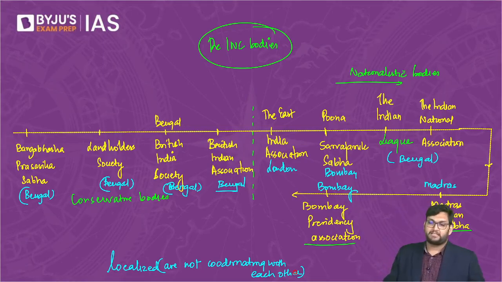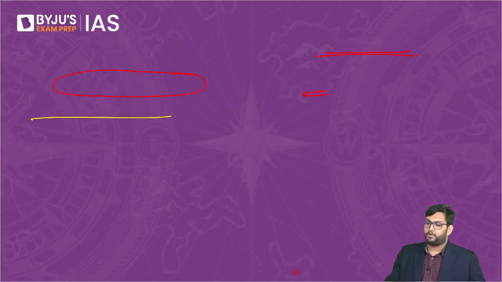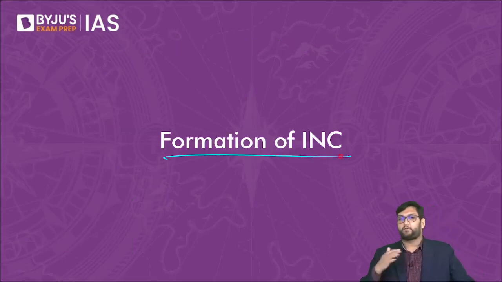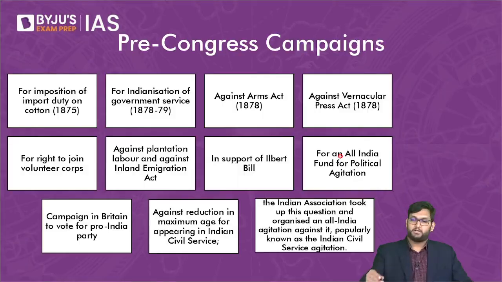So, if this is clear, can I talk about the formation of the Indian National Congress before we see the things on which they campaign? We are now entering the formation of the INC. We've already discussed pre-INC associations. Now, you don't have to learn this. Do not learn.